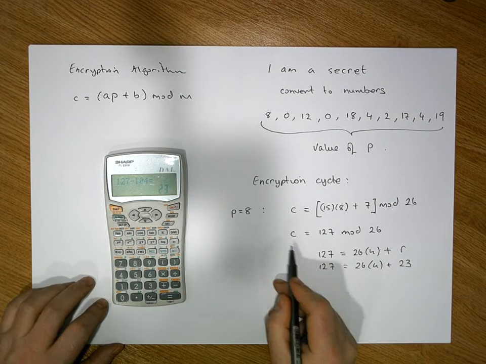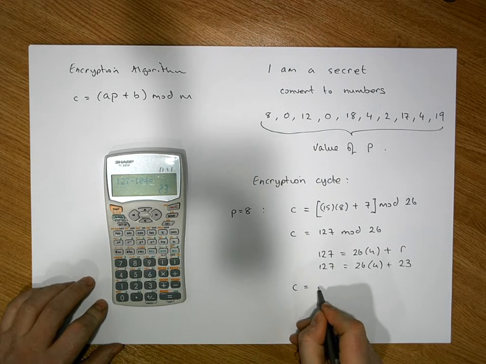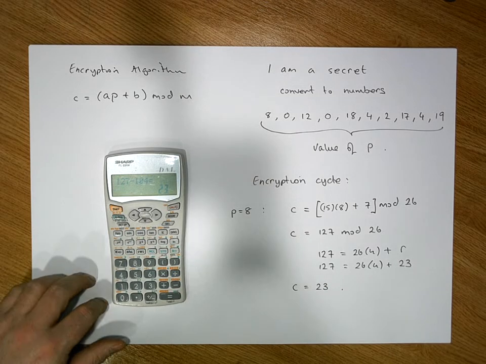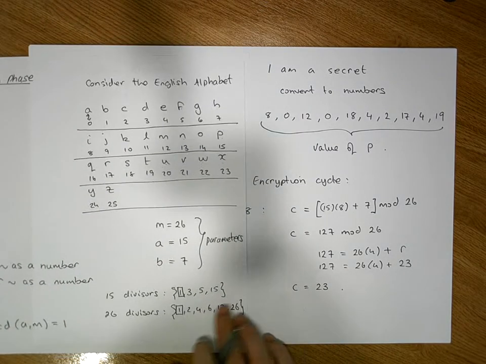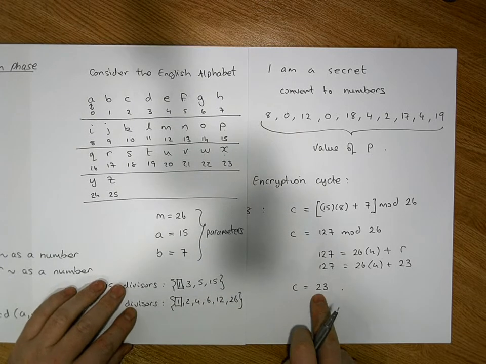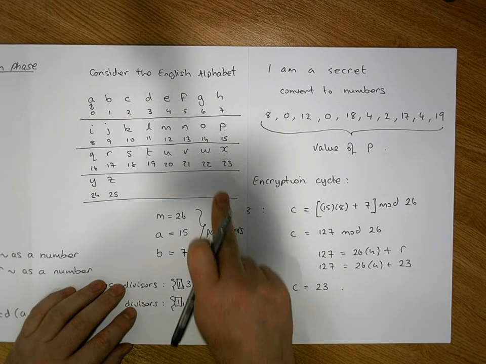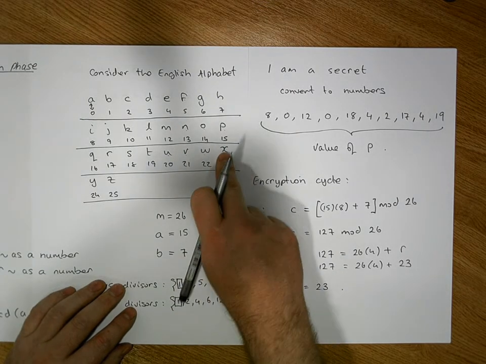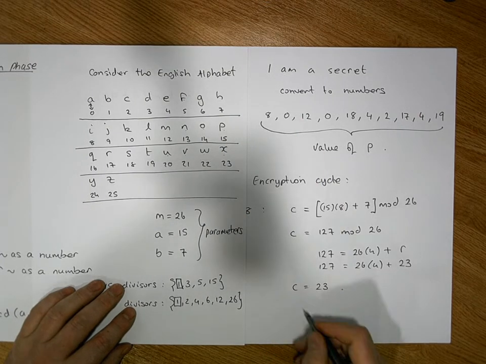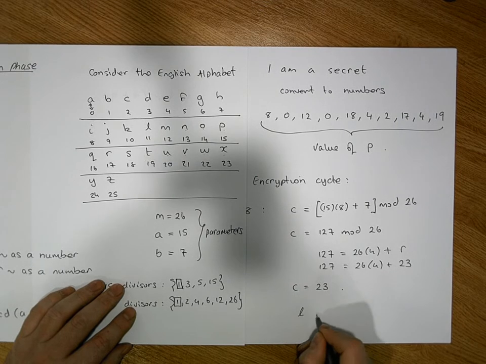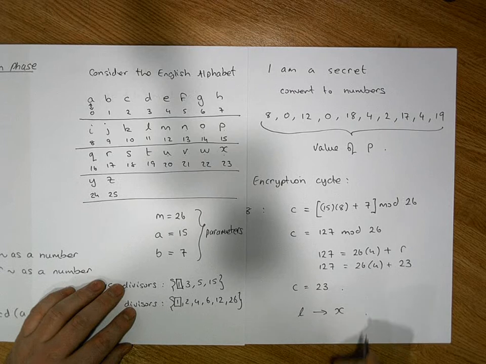So our C value is 23. When we look up 23 on our encoding, 23 is associated with an X. So the I is taken to C equals 23, which is taken to X.